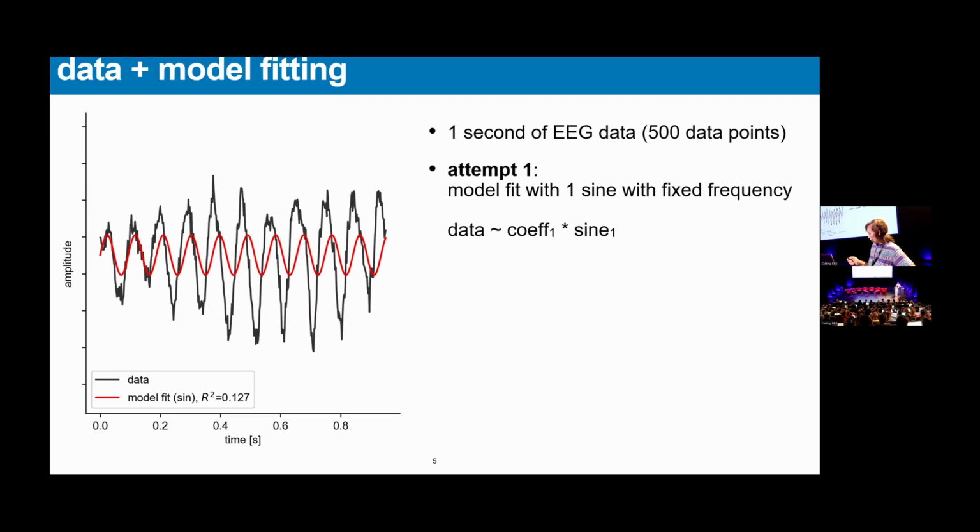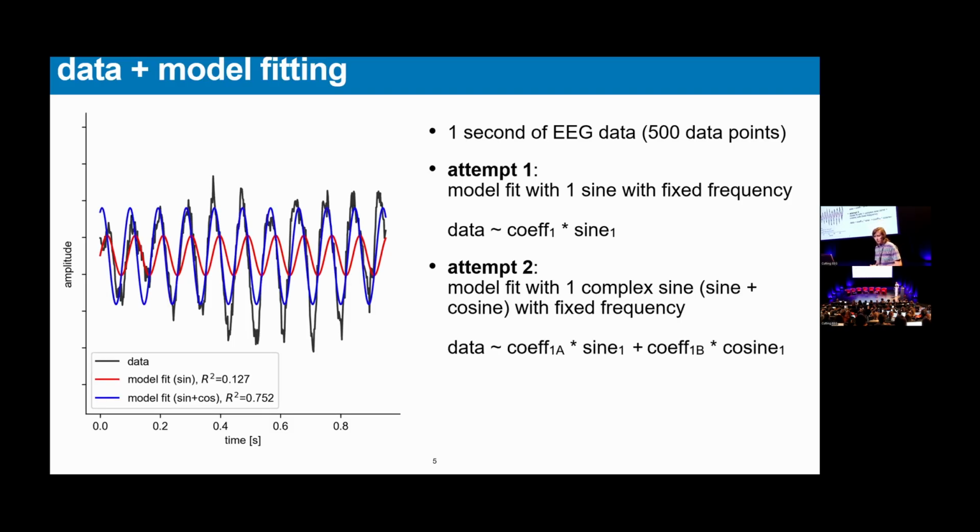I eyeballed it and fit a sine with a fixed frequency. I noticed that this fit is not great. So I need a little bit more degrees of freedom to fit the cyclical pattern.